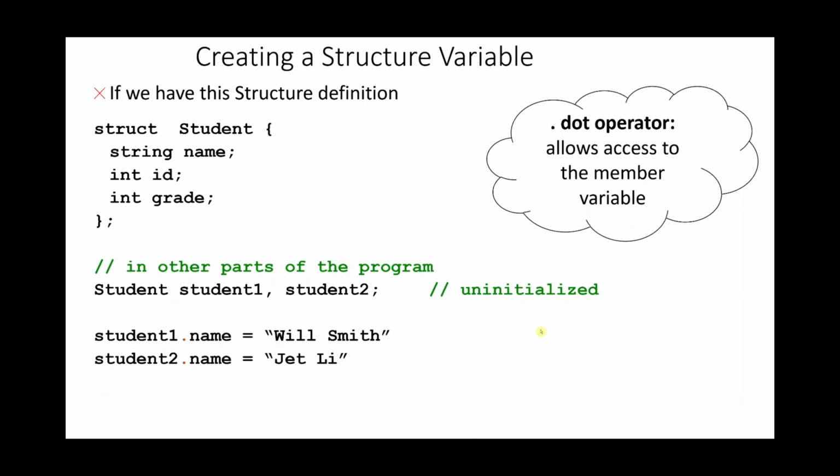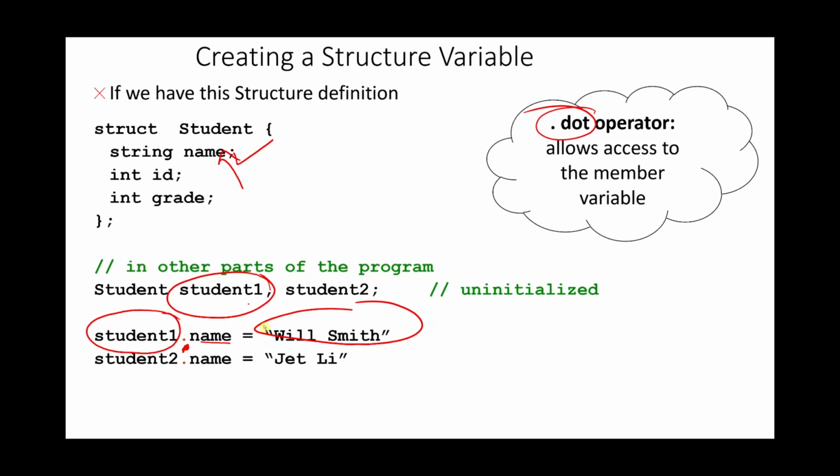So how do we access this? Because I created student1, how do I access name or ID or grade? Using the dot operator. The dot operator allows you to access the member variable. So if I'm going to assign a value to the name in student1, I would do student1.name equals the name, Will Smith, for example.